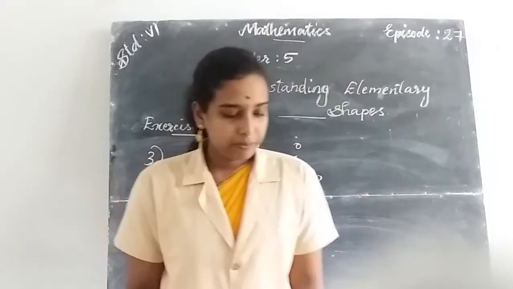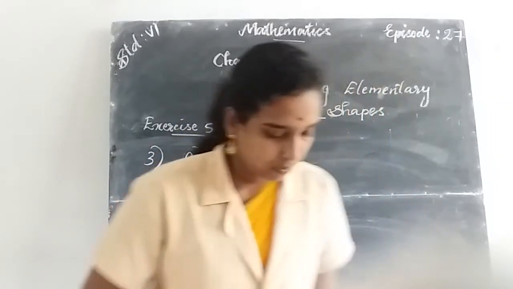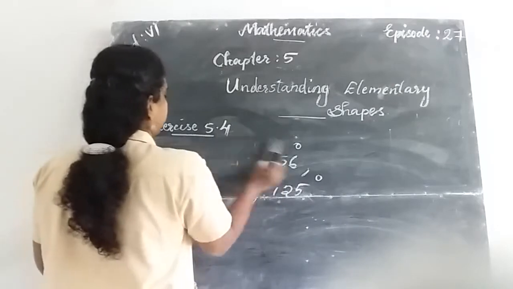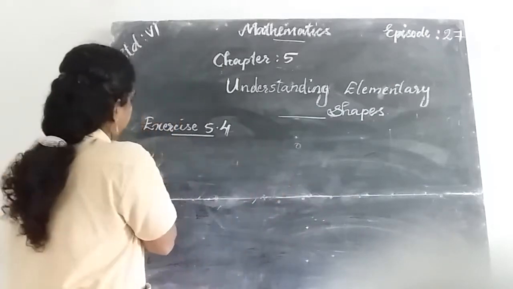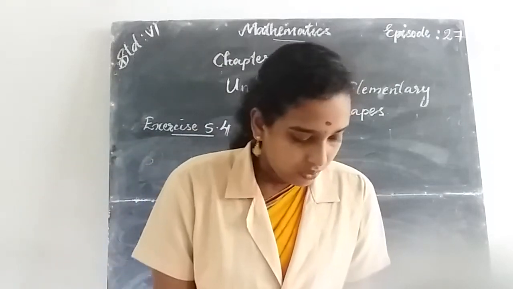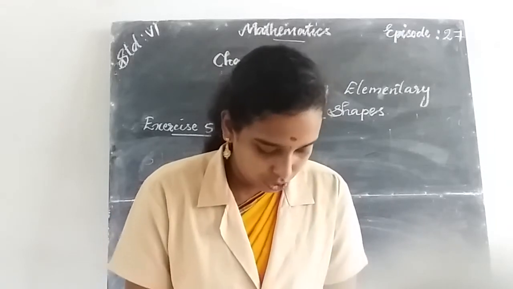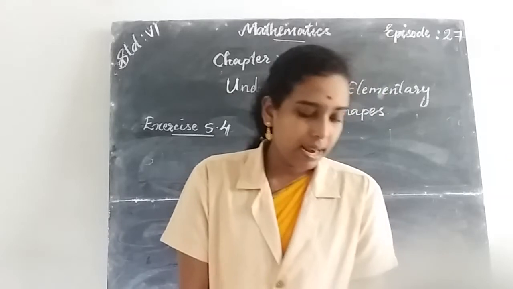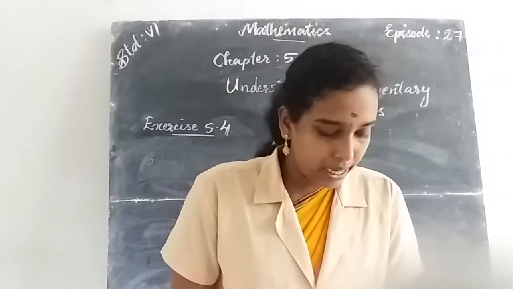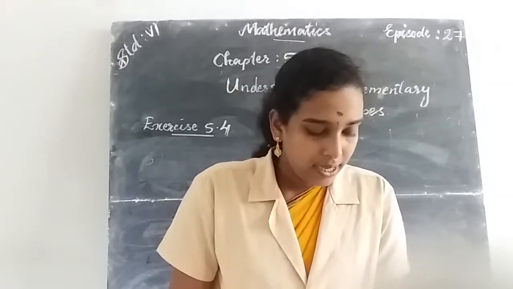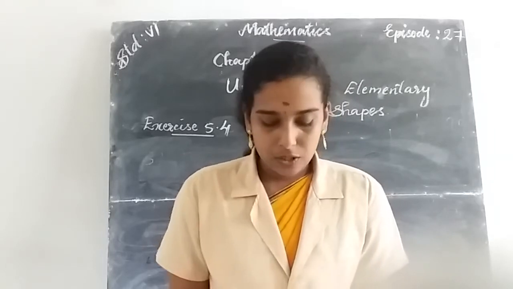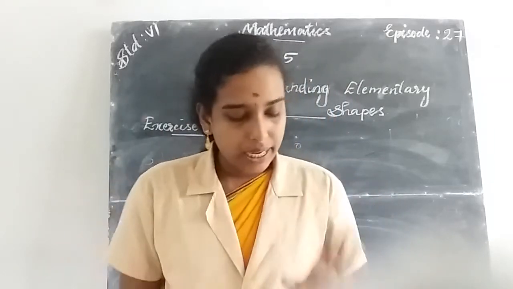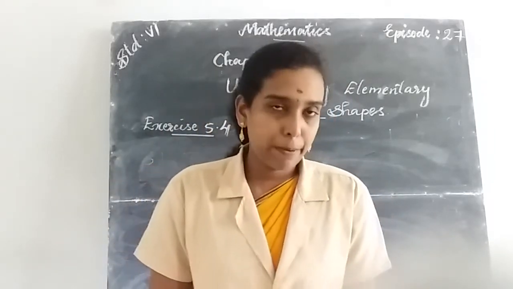Then the next question: which angle has a larger measure? First estimate and then measure. In your textbook, two angles are given, and you find the angles by using a protractor.